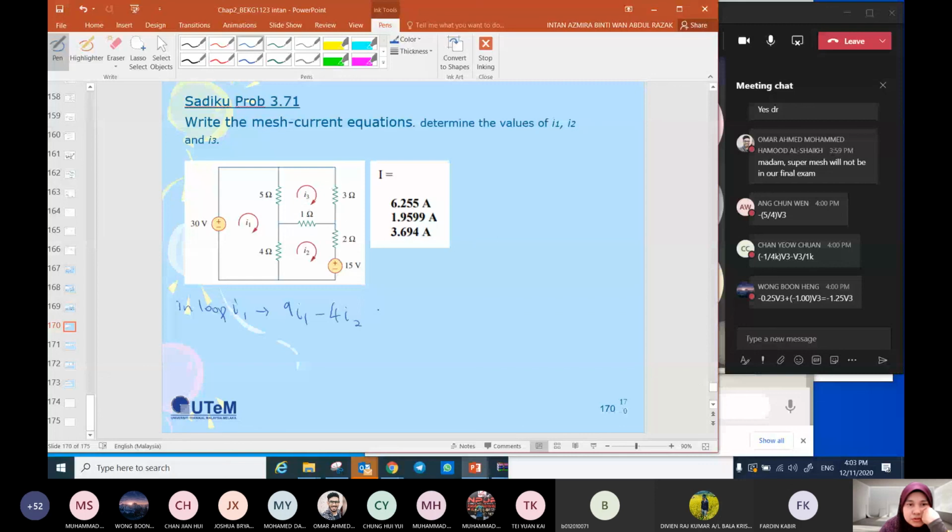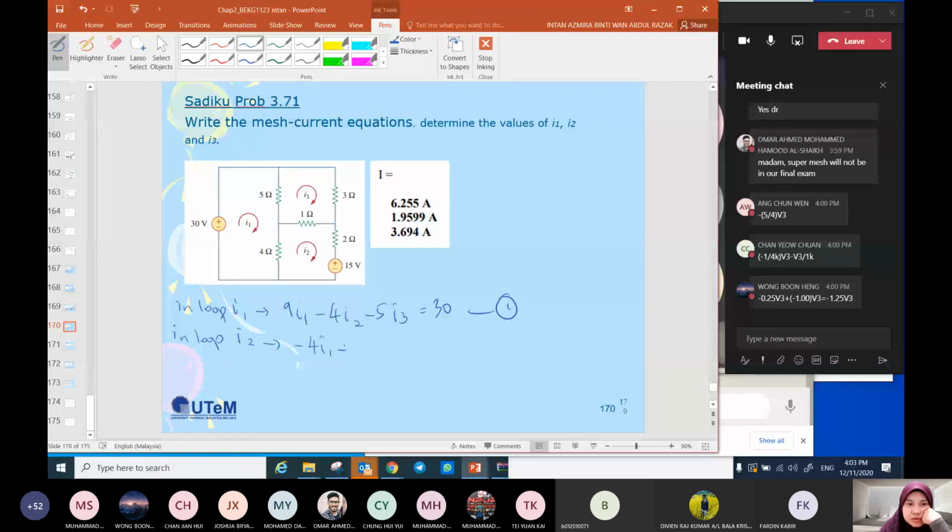In loop 2, in loop I2, minus 4 I1 and then plus 6 I2 minus I3 equal minus 15. Right? This is the second equation.